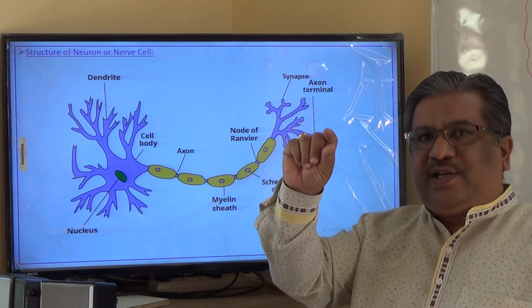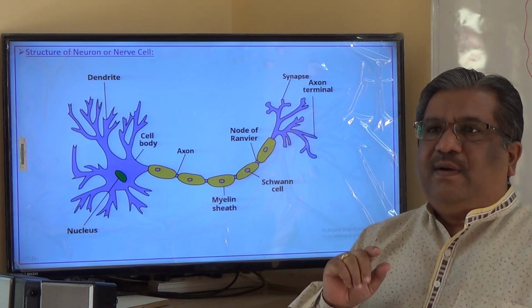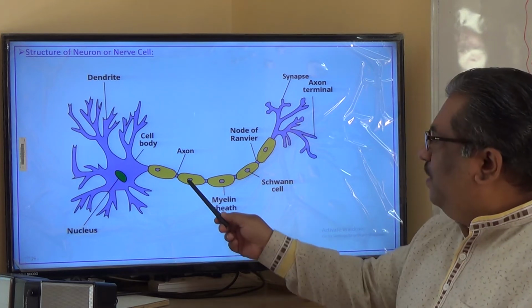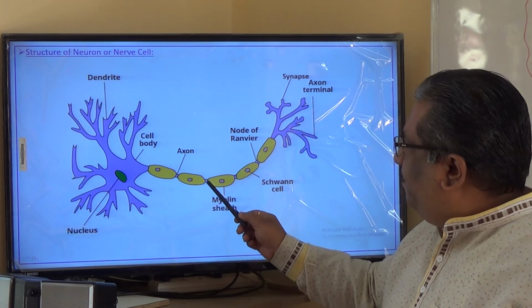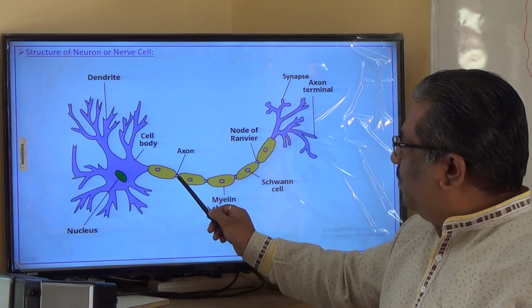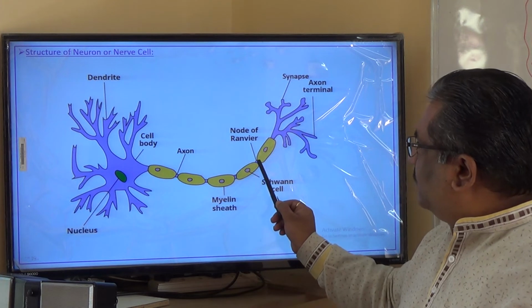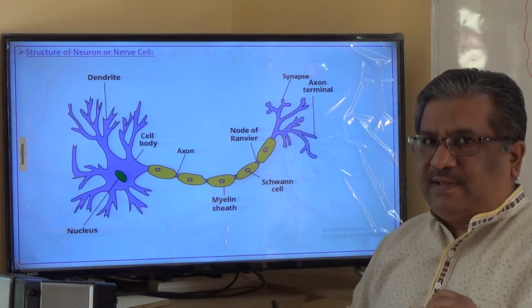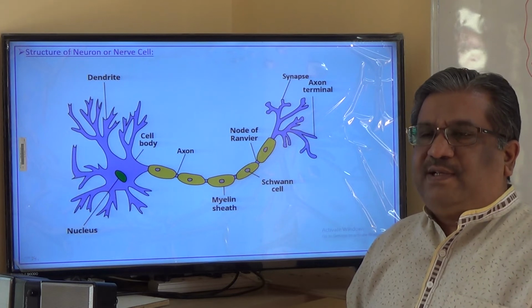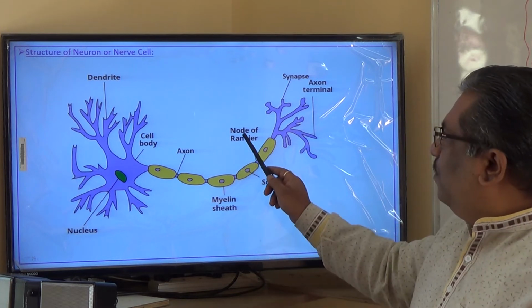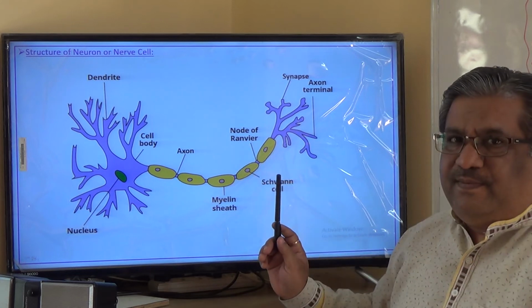There are constrictions or breaks at certain points, and here you can see this one, this one, this one, and this one. These breaks or constrictions on the myelin sheath are called nodes of Ranvier.